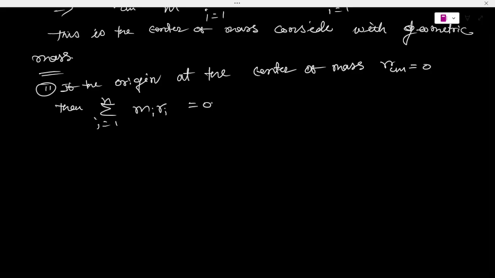So this is the sum of the moments about the geometric center of the system.